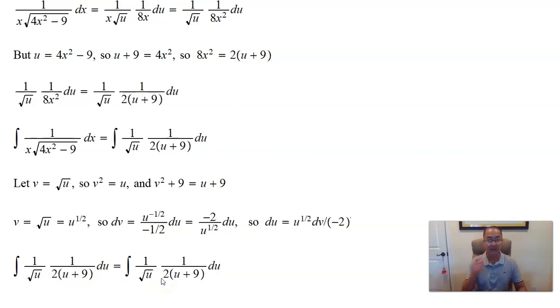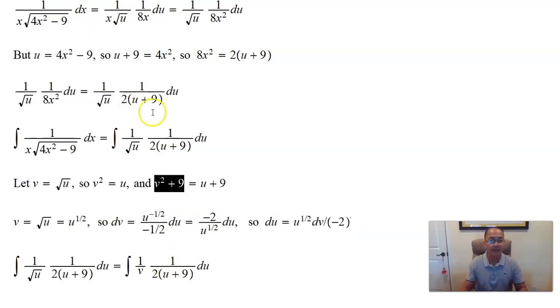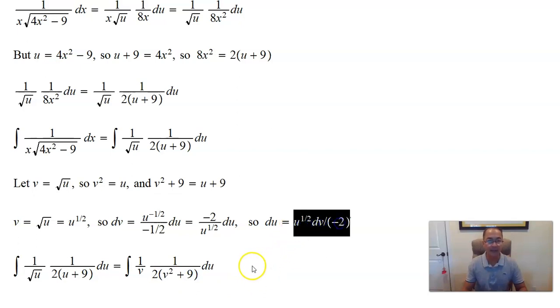So we get square root of u. That square root of u is our v. We said that u plus 9 is v squared plus 9. And du is u to the 1/2 dv over negative 2. Yay! Oh, but wait a minute. u to the 1/2 is square root of u.